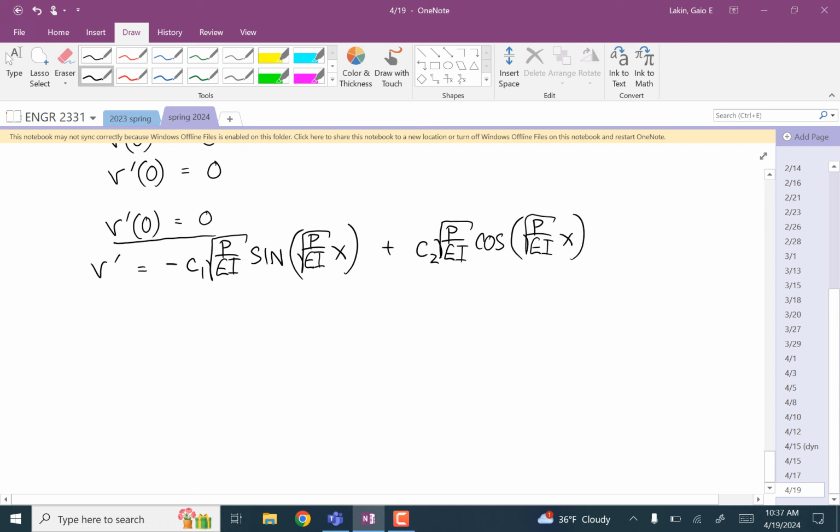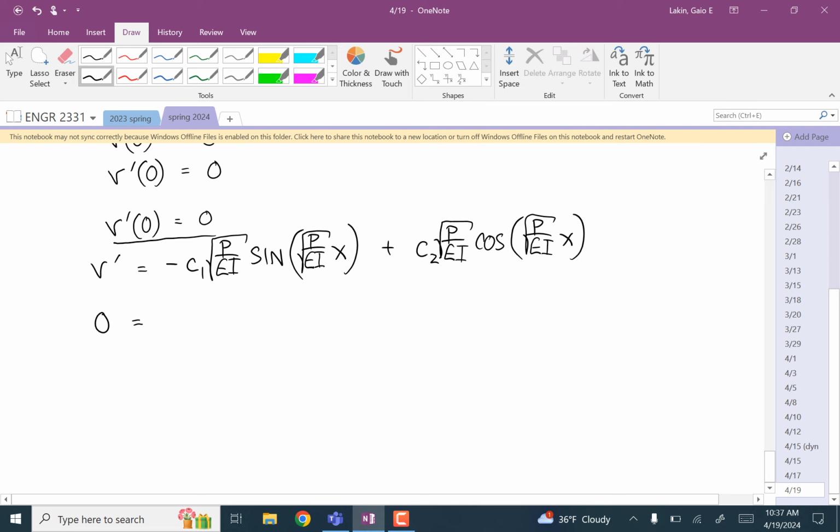Okay? And now we're going to set X equal to 0 and say that this function is equal to 0 there. And so if you plug in X equals 0, the sine goes away.